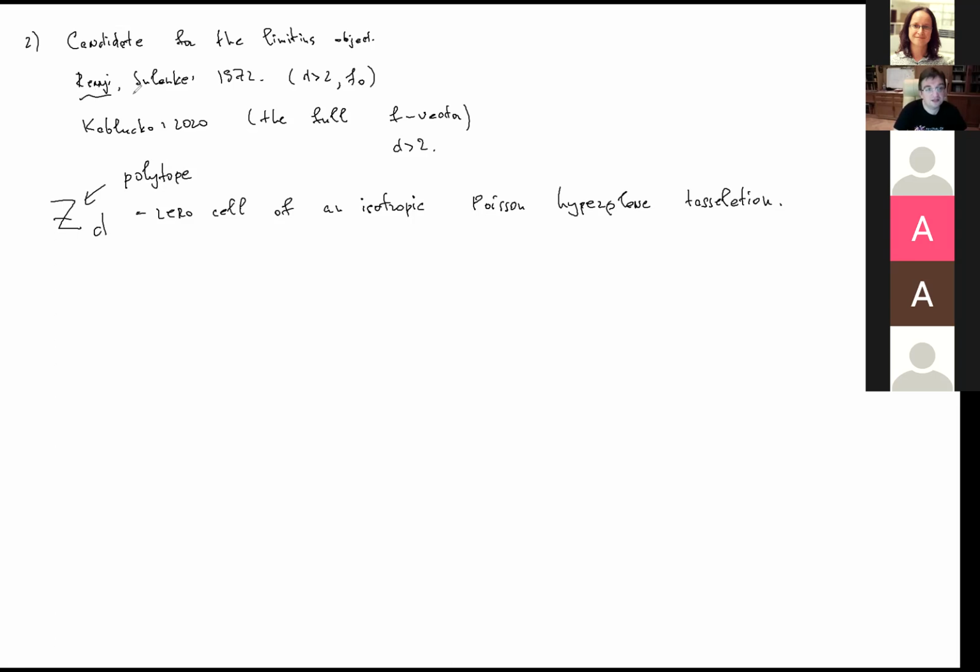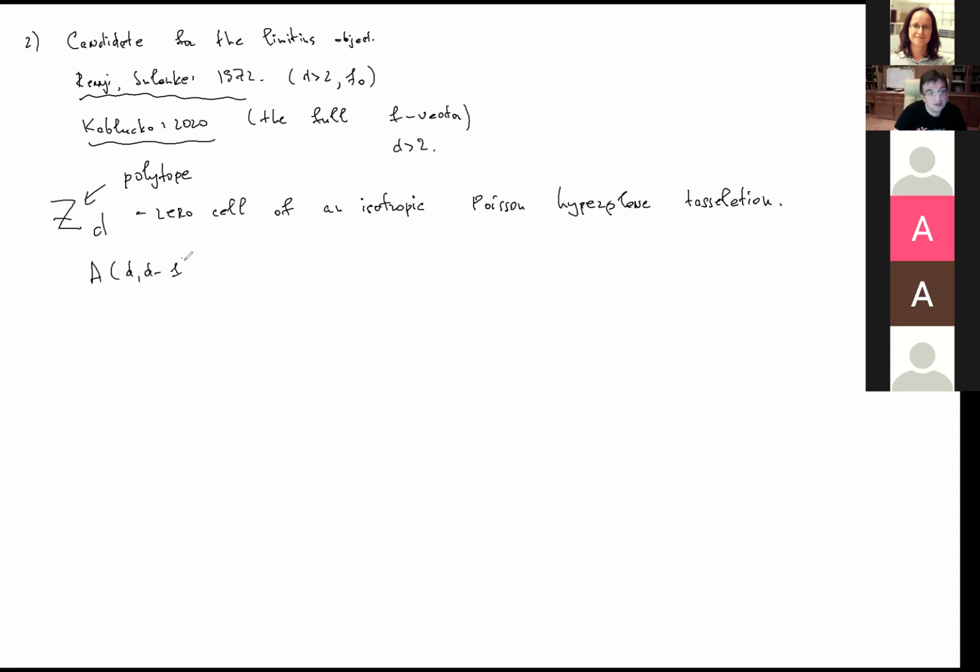And by these two references, I meant the results on the f-vector of this polytope. So the number of vertices in arbitrary dimension of this polytope was found by Renyi and Sulanke, and Zakhar Kabluchko has found the full f-vector of this polytope. So what is the zero cell of an isotropic Poisson hyperplane tessellation?